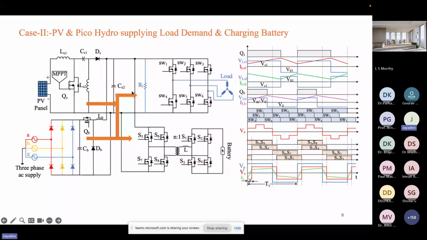In this case, the three-phase supply is first converted to DC, which will be pulsating, so you use a capacitor to smooth it out. Then it is stepped down to the required DC link voltage. And from the PV, a peak power converter is used to extract the maximum power, and that is fed to the DC link. From the DC link, we are supplying the load and the battery.